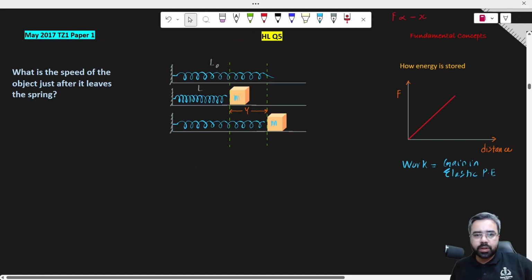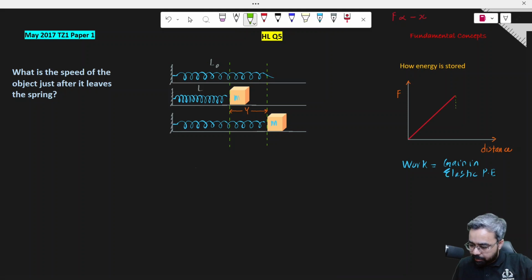According to the question and diagram, we have compressed it to the distance y. When we compress to the distance y, which is our amplitude as well, at that moment the force in the spring is maximum, and that force is obviously ky.